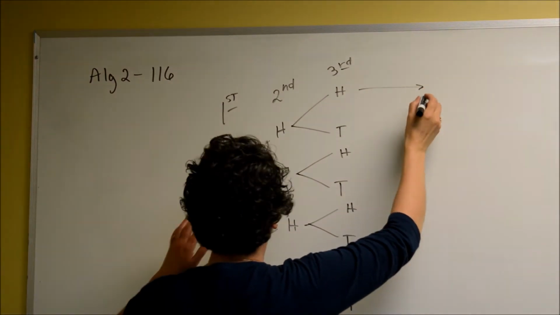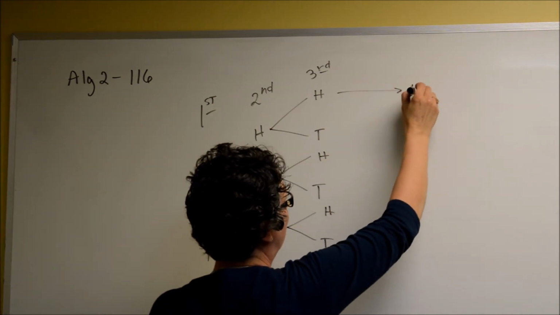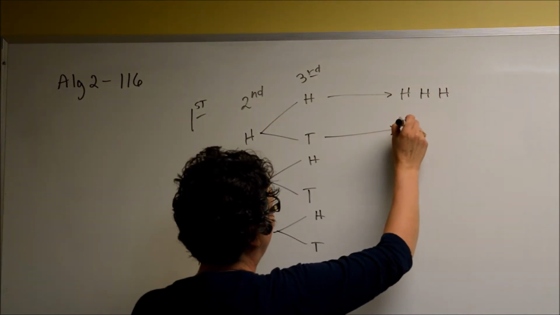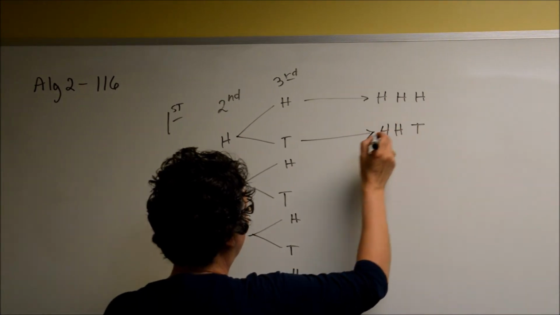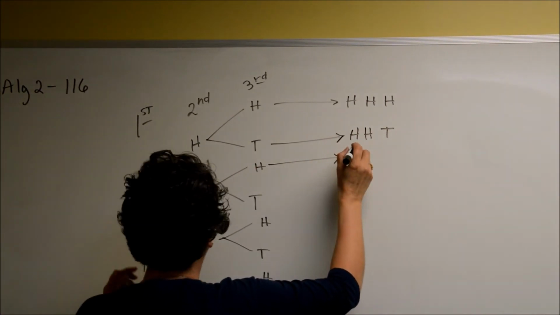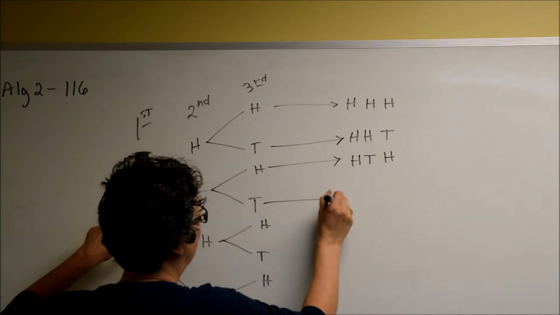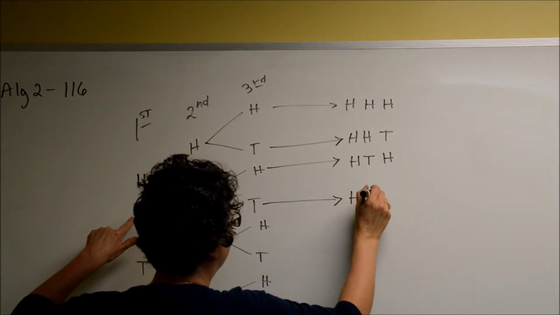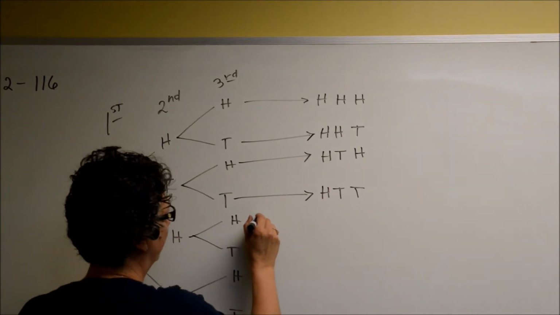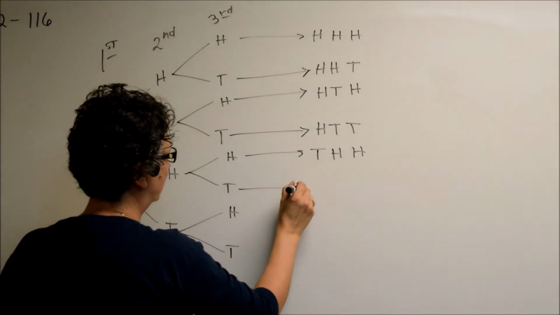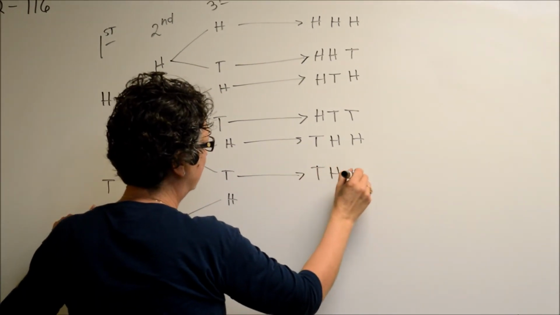So I could flip a coin 3 times and I could get heads, heads, heads. I could flip it 3 times and get heads, heads, tails. Heads, tails, heads. Heads, tails, tails. Tails, heads, heads. Tails, heads, tails.